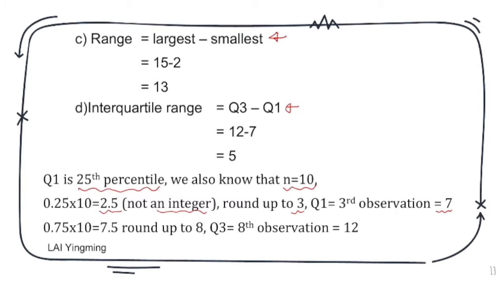We can use the same way to calculate quartile 3, which is 0.75 times 10 equals 7.5. Since it is not an integer either, we need to round up to 8. That means quartile 3 equals the 8th observation, which is 12. So the interquartile range equals 12 minus 7, which equals 5.